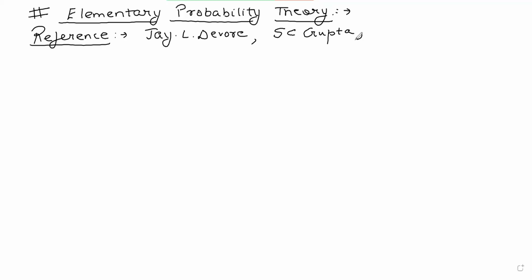And along with this, I also prefer to follow Statistics for Business and Economics by Alan Webster. So I have written down the name of the authors. These books are quite easily available online as well. And I prefer to follow these three books for my lectures in elementary probability theory.